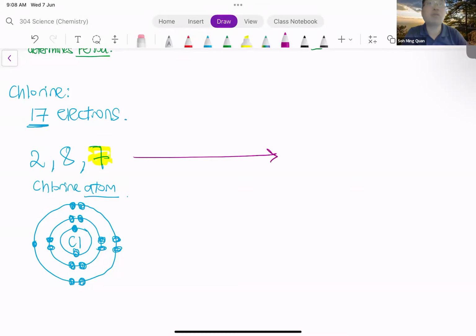So how do you make it fully filled? Does it lose 7? Or is there another way? To make it fully filled is 8 electrons. Instead of losing 7, why don't I just gain 1 more? So chlorine has 7 valence electrons in the atom.